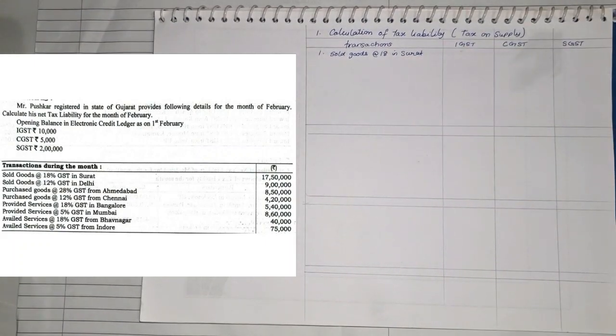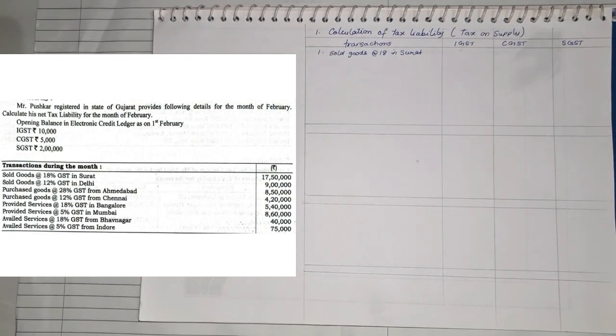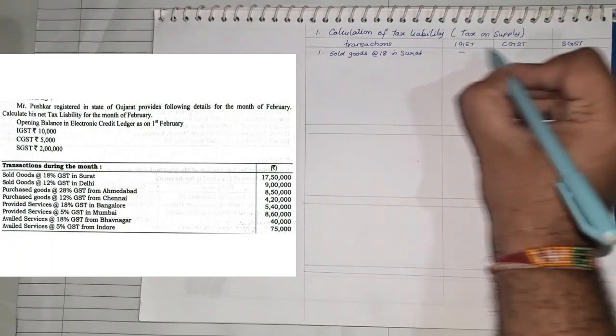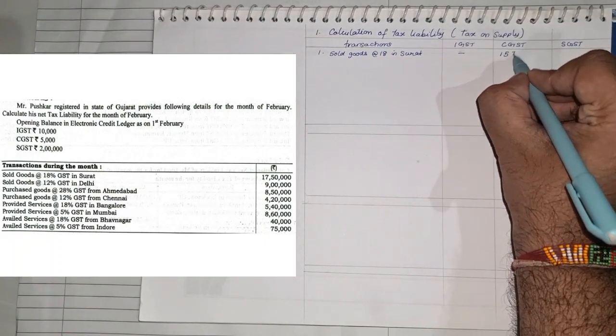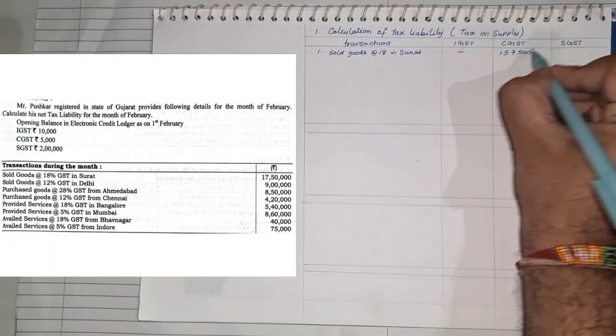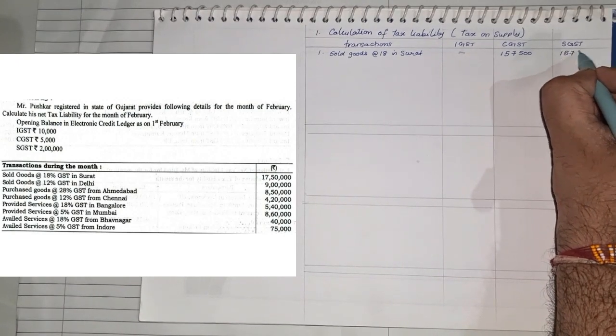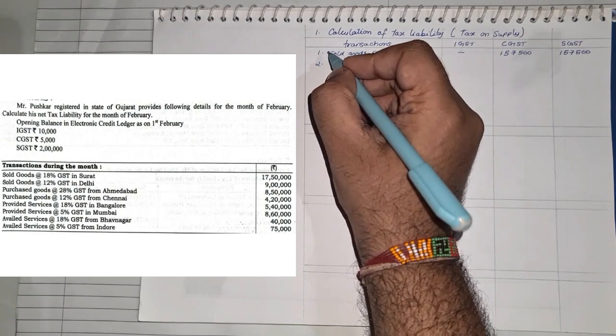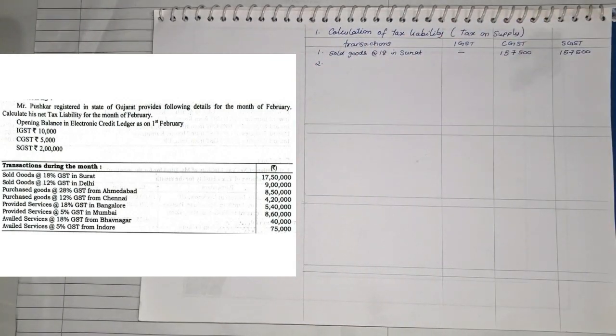The value is 17 lakh 50,000. On a calculator, 17 lakh 50,000 into 9% comes to 1 lakh 57,500, which breaks into two parts: 1,57,500 each.